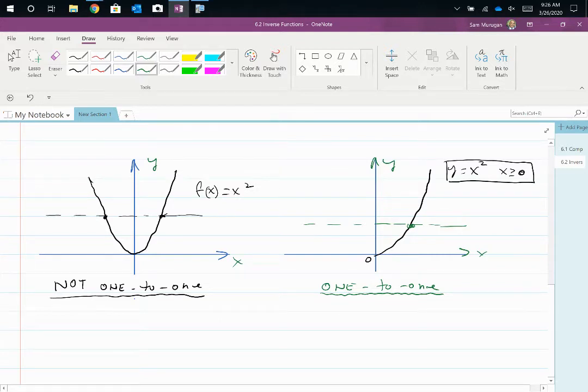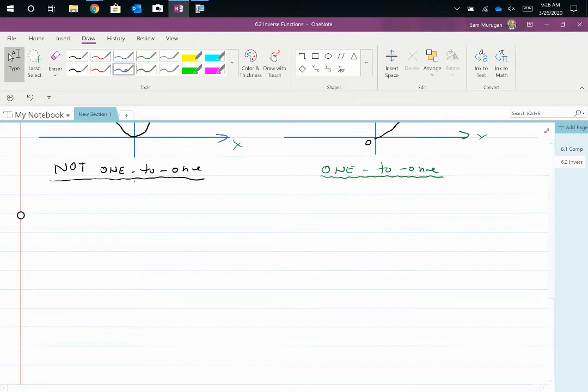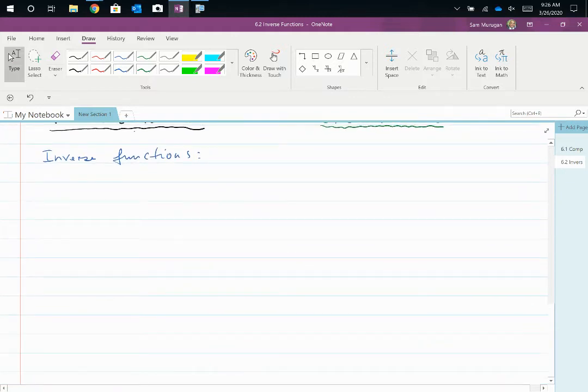So now we can proceed to define the inverse function, now that we have an understanding of what one-to-one functions are. The definition and the properties of inverse functions are multiple and varied, so we're going to consider several of them.